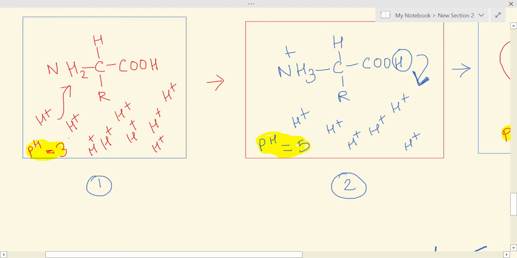Since the pH is low, there are many hydrogen ions in the medium, as I have drawn, several hydronium ions. Now what will happen? Under low pH, this NH2 group has a higher tendency to take up one hydrogen ion, as I have shown here. This NH2 group will take this hydrogen ion.